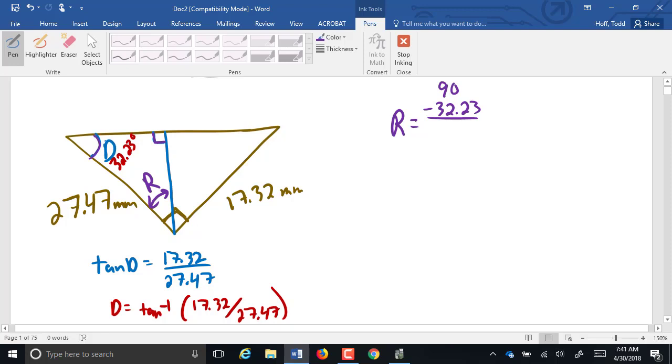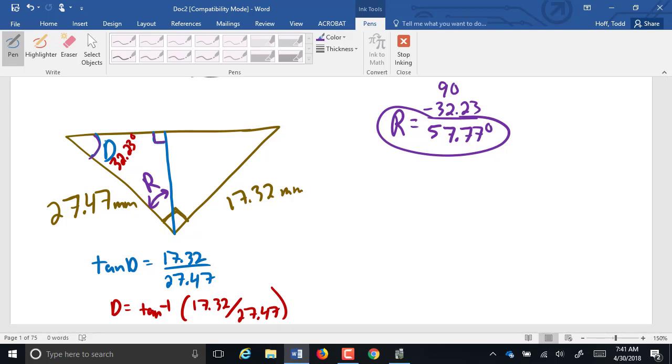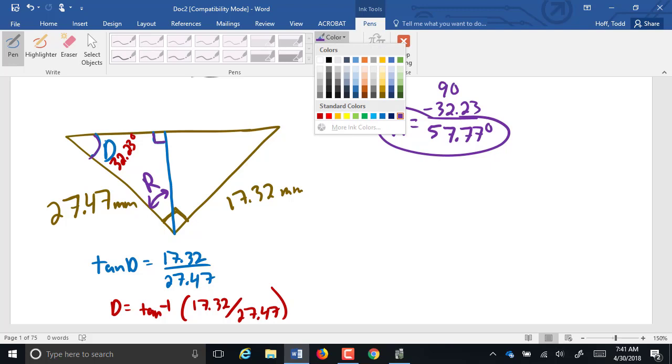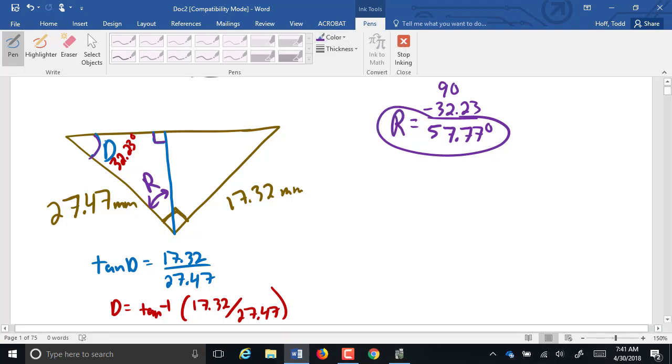This is my 32.23. So I subtract that 32.23 from 90, which gives me 57.77 degrees. That's my angle of rotation. Does everybody see where I got that angle of rotation? Okay, now back up to the main triangle, the main box here.